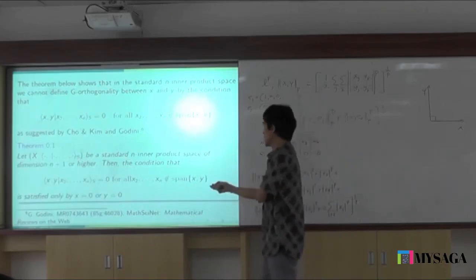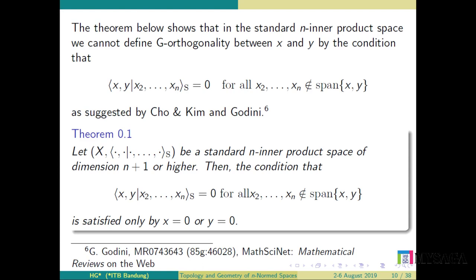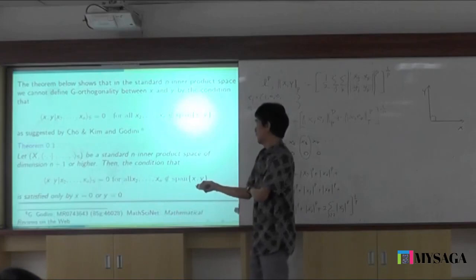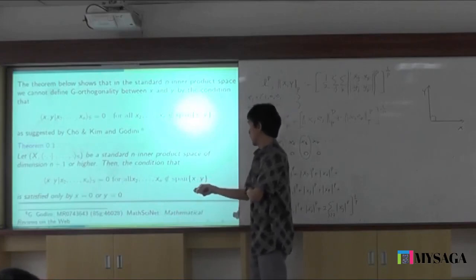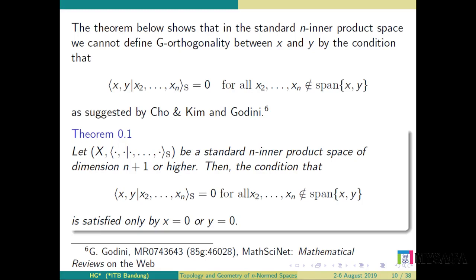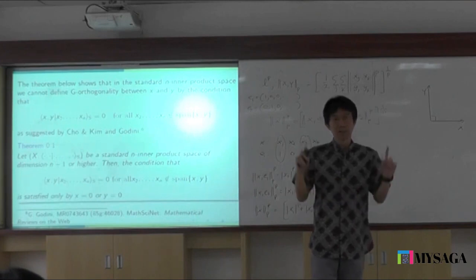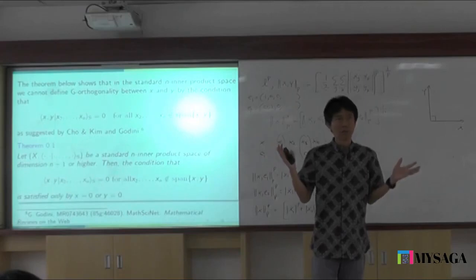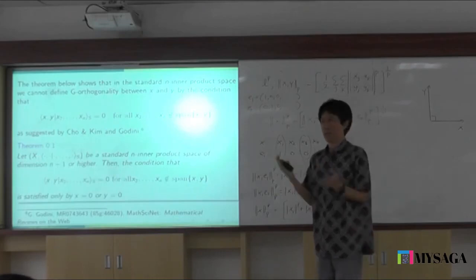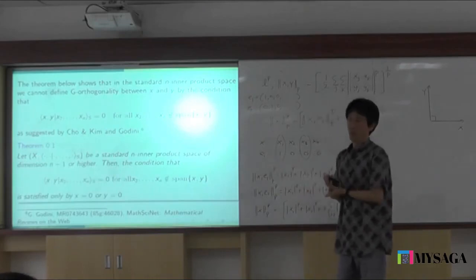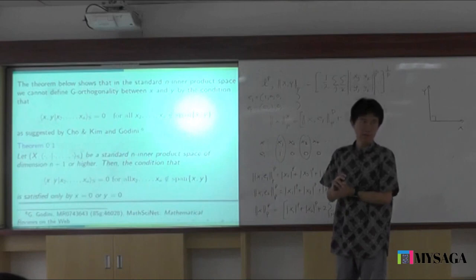First of all, we showed that if this condition is satisfied, then x or y must be 0. So, meaning that their definition, I call it void because you don't want to talk about orthogonality of 0 vectors. If one of them is 0, then what is the use of orthogonality?